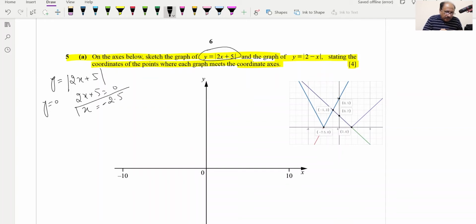So it will be minus 2.5 and 0 value. And where will this point be? This is 0 and 10, so in the middle we can take 5 over here, so this will be minus 5, and minus 2.5, and the 0 point will be over here.